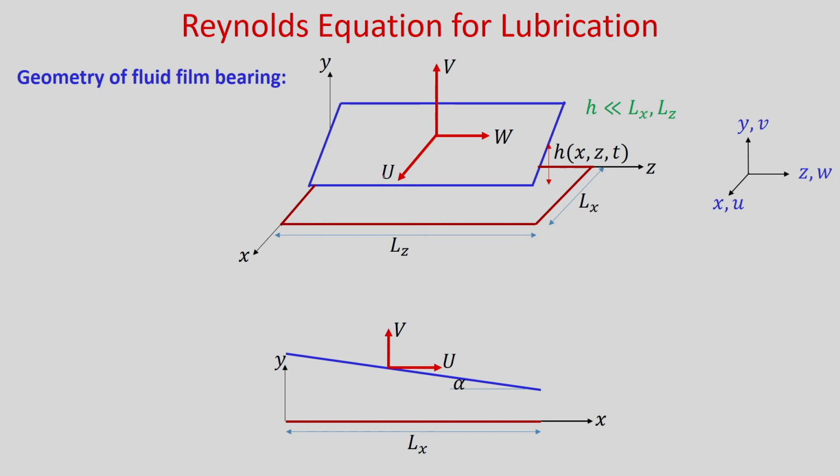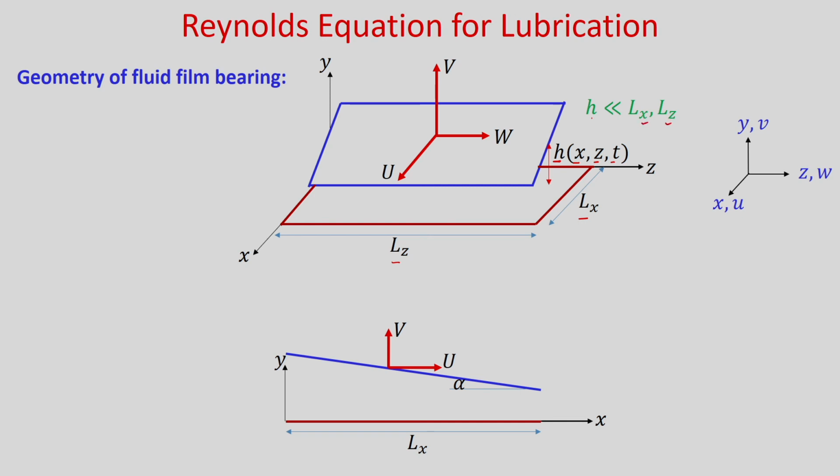So, we have given this relative motion on the upper wall and we have made the bottom surface stationary, and obviously as the upper surface is inclined, the height from the bottom surface, this h, is a function of x, z and time t, and in this case the lengths of the surface in x and z direction are Lx and Lz respectively, and this height h is very small compared to Lx and Lz.